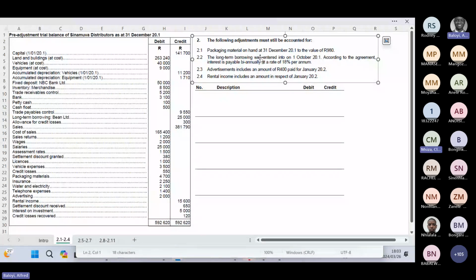So basically, Mr. Baloyi, are you sharing slides or are you sharing something? I can't see. I'm working from Excel. Okay. So this is the question. I think the student said, can you enlarge the screen?